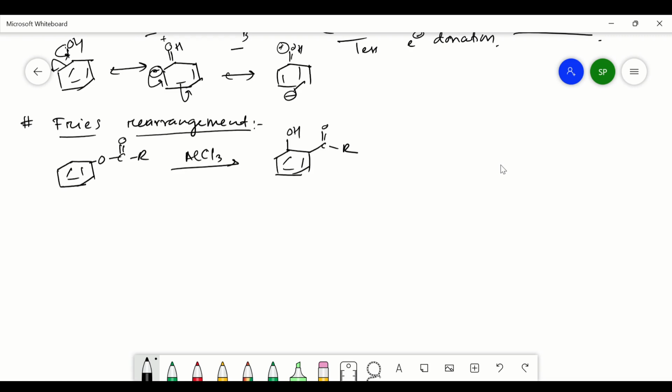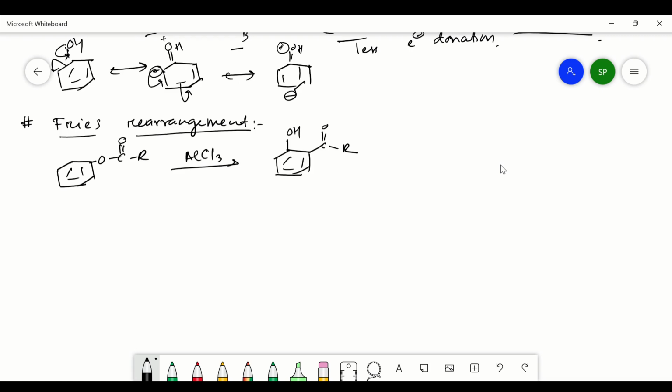Okay, here the Lewis acid AlCl3 plays a very important role. Okay, so we see the reactions. In every reaction, hydrolysis is not mentioned, but it is always there.